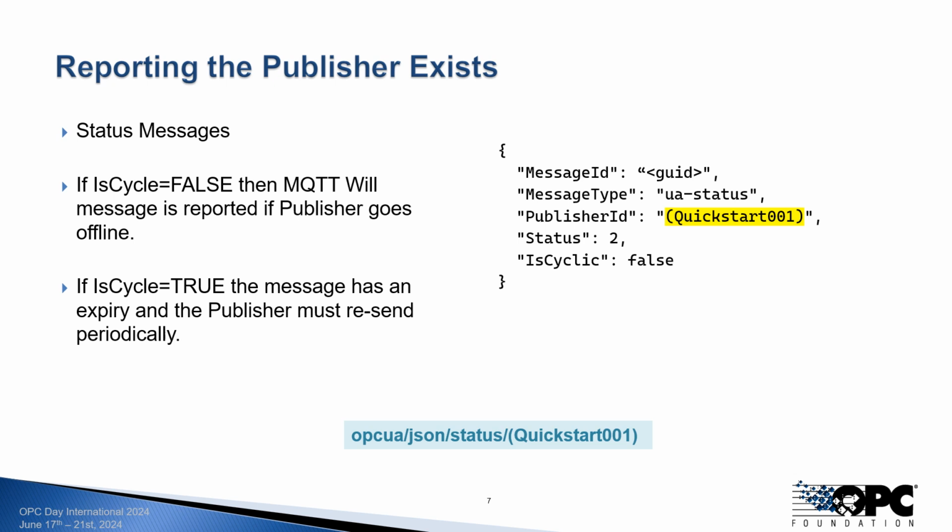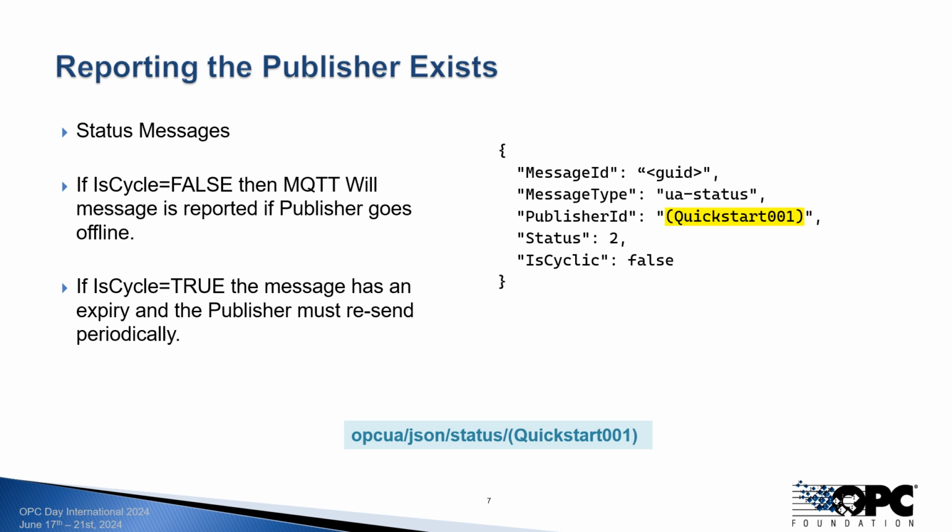The clients can use wildcards on the well-known topic name to basically receive updates from every publisher that appears in the system. The status message allows you to take advantage of the will mechanism that's built into MQTT, where if a publisher disappears, the broker will detect that the publisher is gone and will automatically send a final message on the specified topic to tell the subscribers that the publisher is now gone.